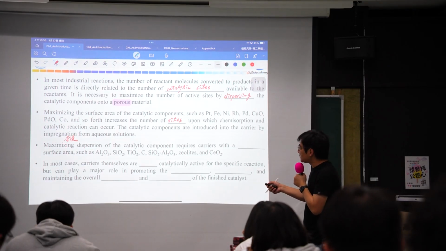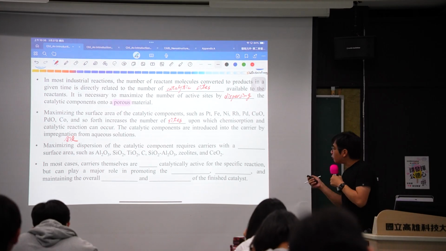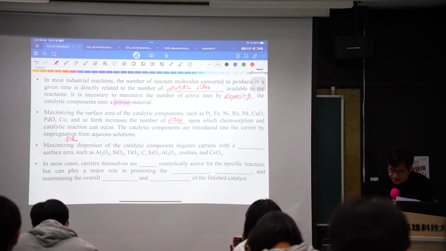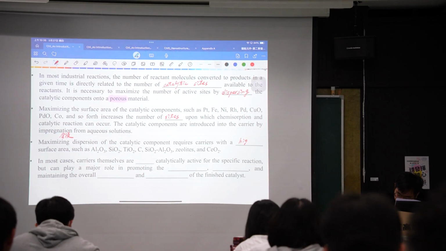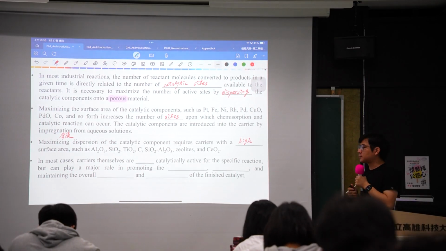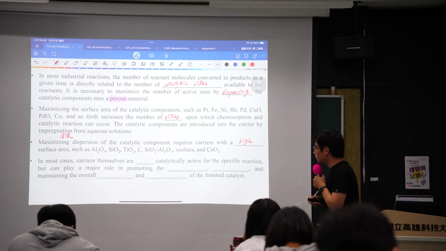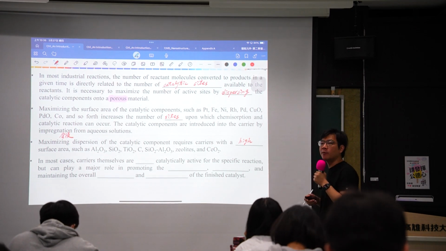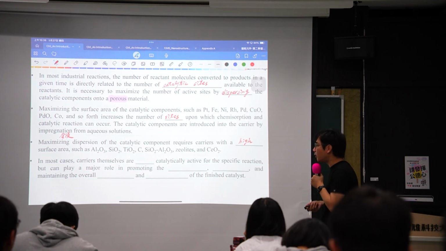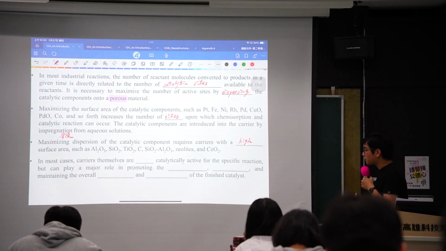So maximizing dispersion of catalytic component requires what? Requires a carrier with high surface area. Okay, as high as possible, right? So people use a zeolite, or micro pore material, or not micro pore, meso pore material.